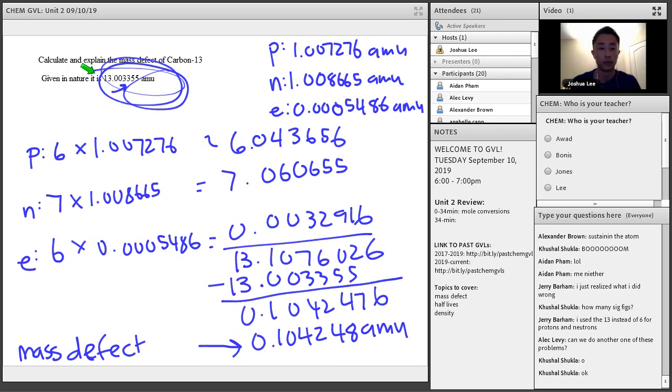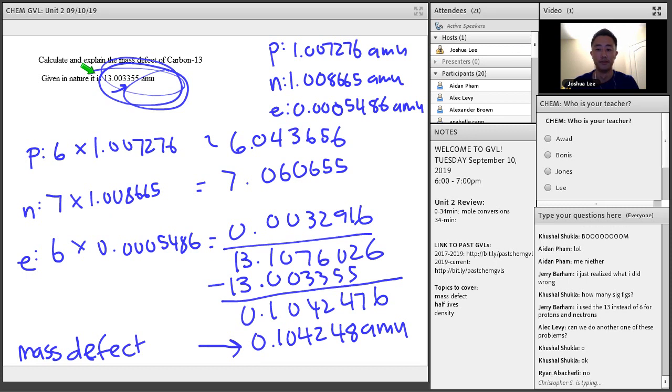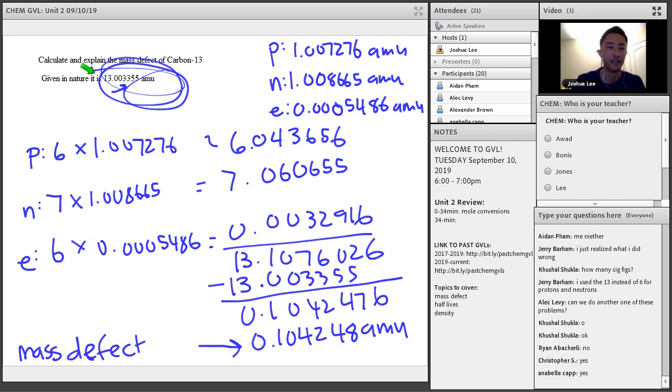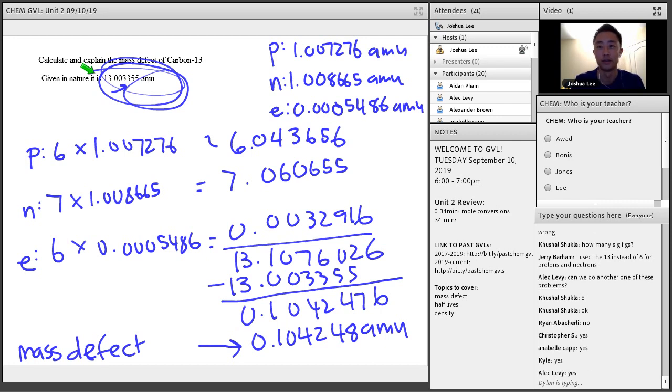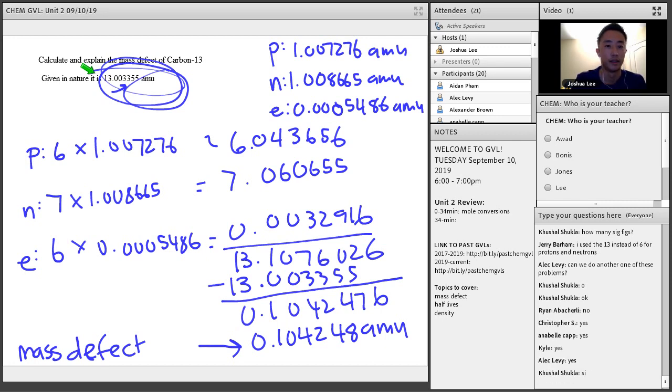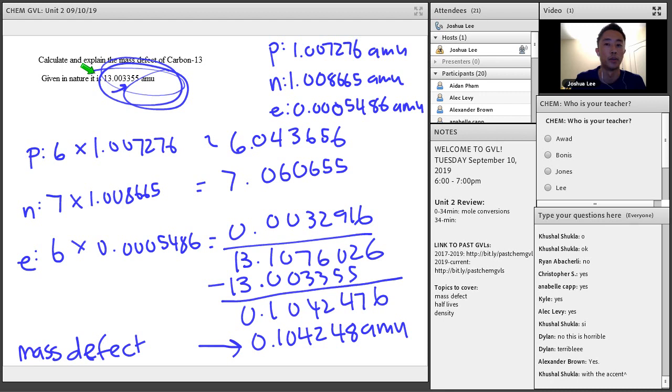So good. You guys want another one of these? All right, that means I have to Google another thing. No, this is horrible. Well, if it's horrible now, it's better that it's horrible now and not horrible come test time.